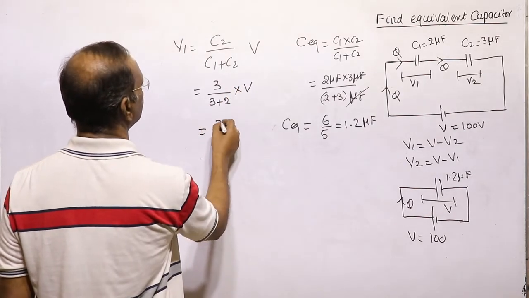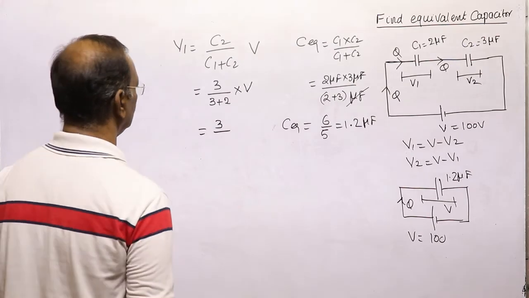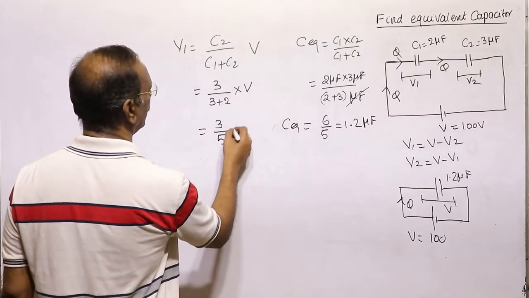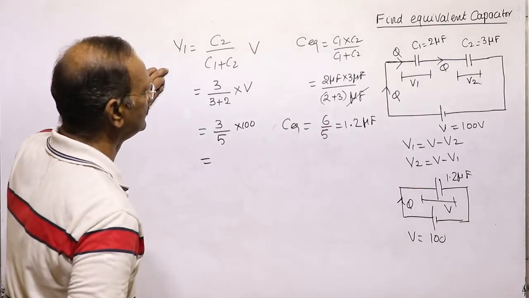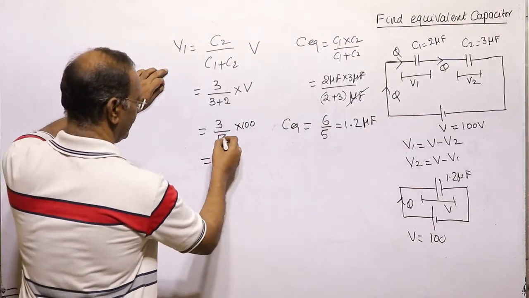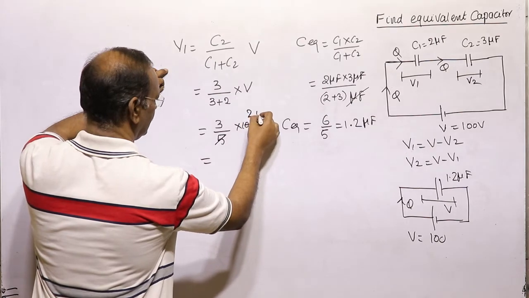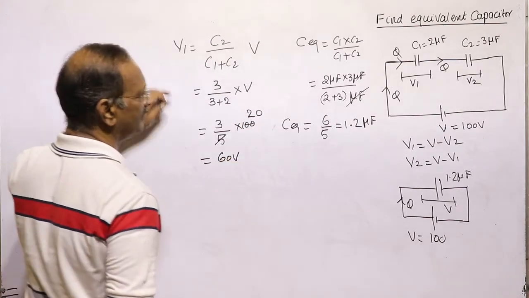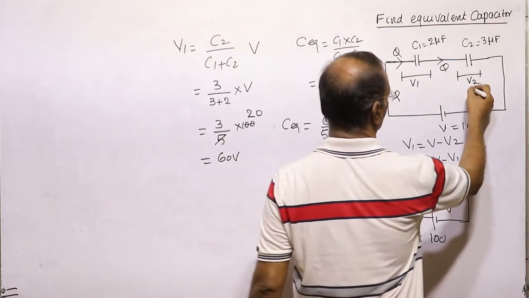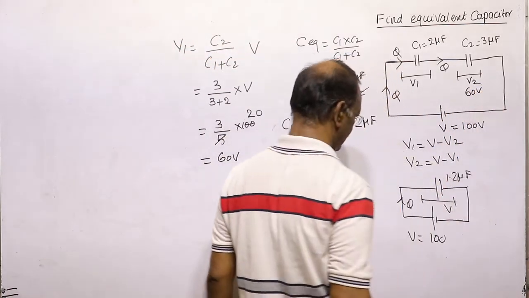So it is equal to 3 divided by 5 into 100, which is 60 volt. So V1 is equal to 60 volt.